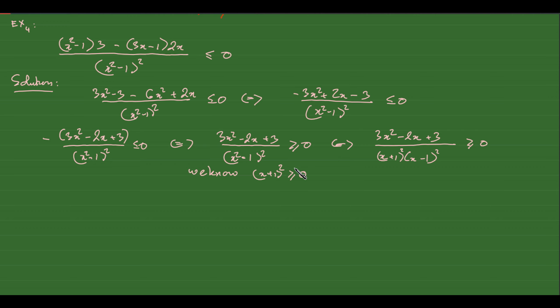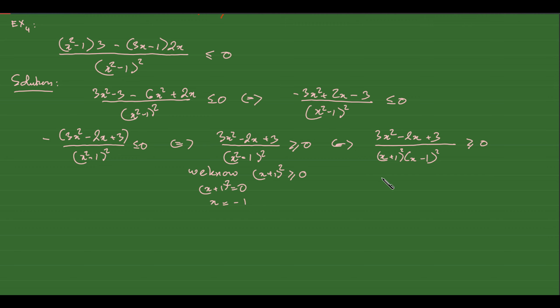Or you can solve for that. So the value will be negative 1, right? We can find the value over here, because if we set it equal to 0, we're going to have x equal to negative 1, and x equal to negative 1 is undefined.